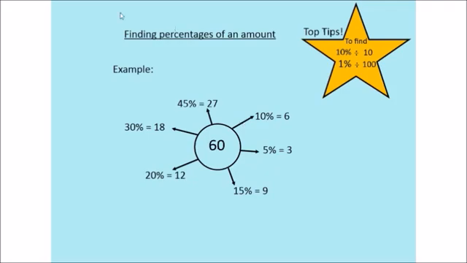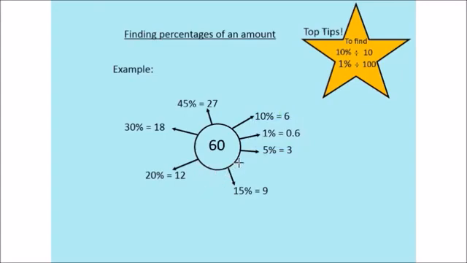What happens if I had to use this 1%? So 1%, which I'm going to sneak in here, 1%, I have to divide by 100. So 60 divided by 100 is going to be 0.6. Because once I've got 1%, I really then can do absolutely anything.